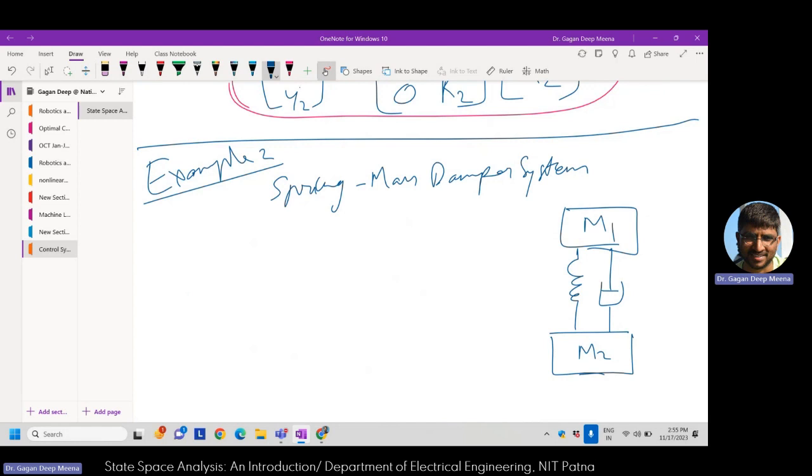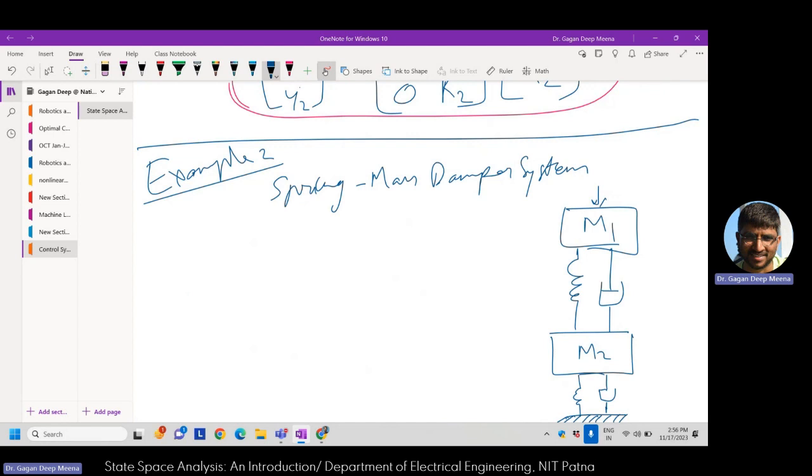What variable is changing, we can identify when we write the differential equation first. So let's first have a look at the mechanical system, and then we will make the first order differential equations for this particular mechanical system.